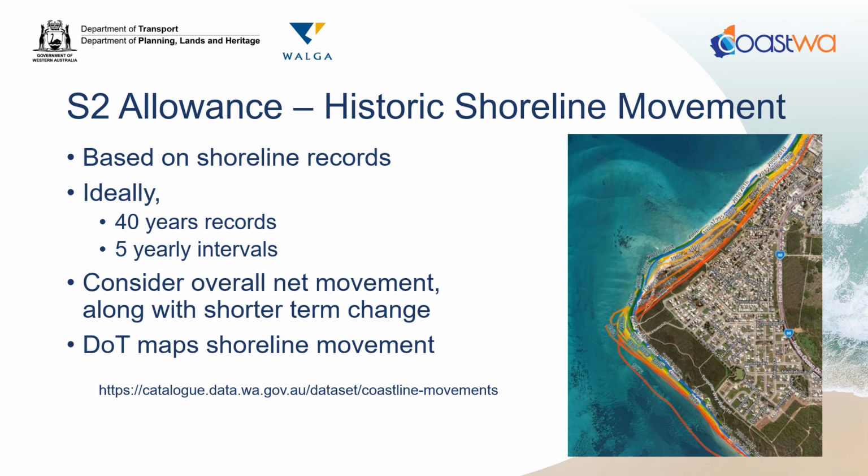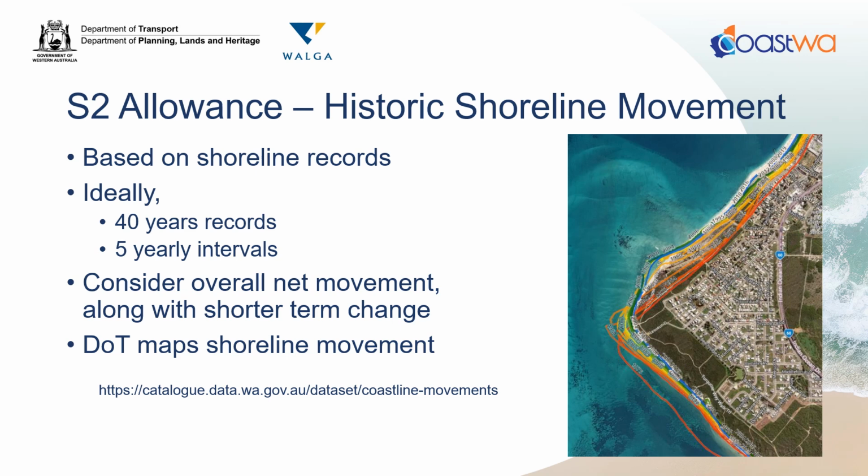We'd ideally want a period of record around 40 years or more, and shoreline positions every 5 years or so. This is ideal, but not always possible, and particularly when we've got shorter term records, we need to make sure we're considering short-term changes as well as overall net movement changes.